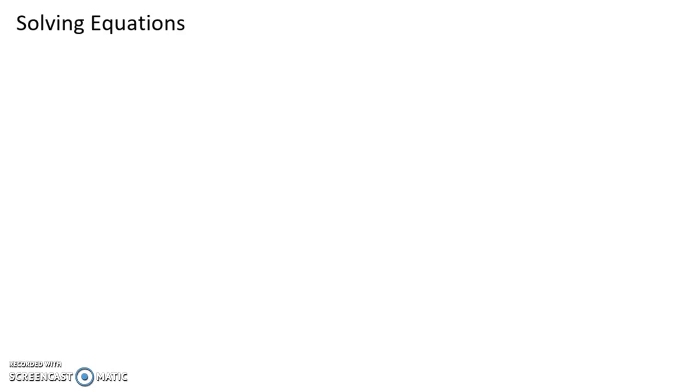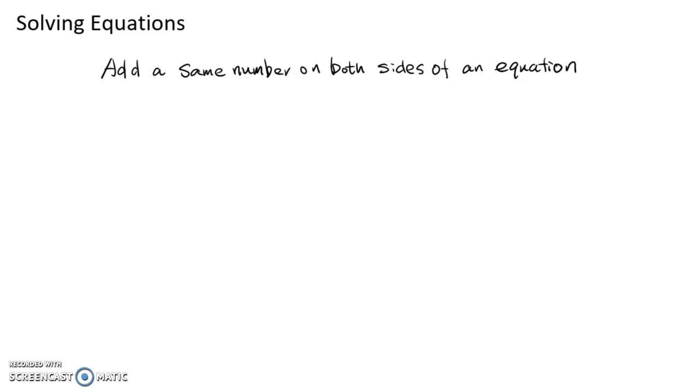In this video, we'll talk about some basic rules of solving equations. The first one is the addition rule, which is you can add the same number on both sides of an equation. For example, I have the equation x plus 6 equals negative 2.